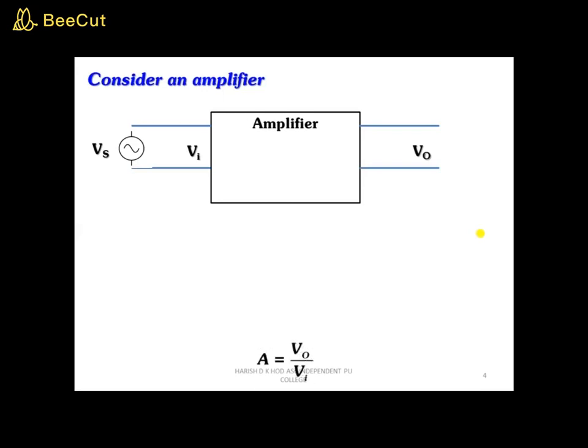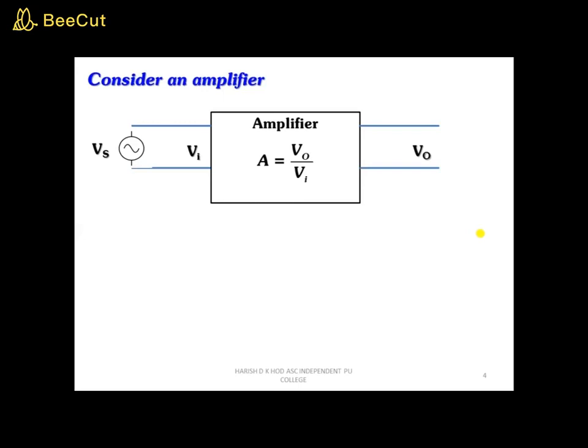Then the gain of this amplifier can be written as A is equal to VO by Vi. As I told so many times, gain is always output by input. So here the output voltage is VO, input voltage is Vi, then the gain of the amplifier is VO by Vi.